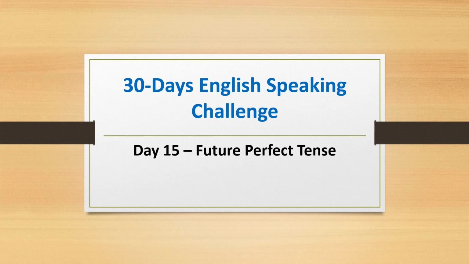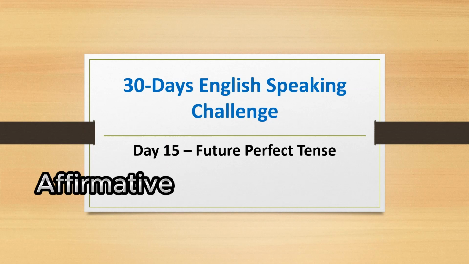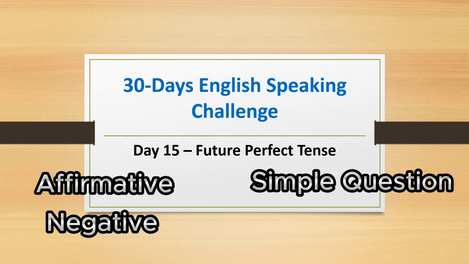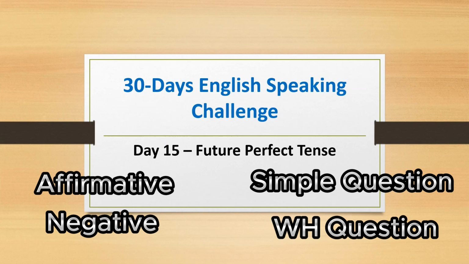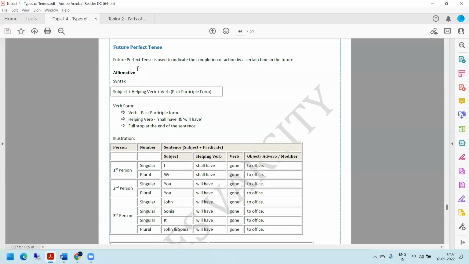In this video, you will learn future perfect tense and sentences like future perfect affirmative, negative, simple question, and WH question. Future perfect tense is similar to present perfect tense and past perfect tense, and here different helping verbs are used.